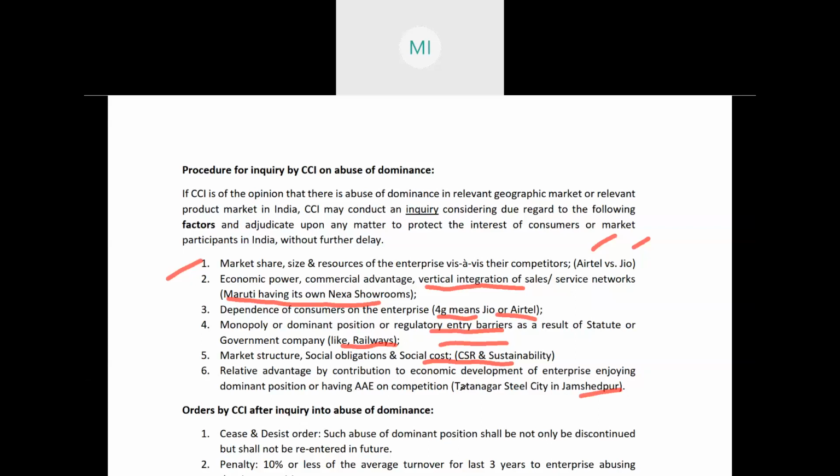So they will consider all these factors and weigh them, and if it is beneficial, they will say it is not anti-competitive. If it is not beneficial, they will say it is anti-competitive, and in the same way as we discussed earlier, they can pass the following orders: cease and desist order, penalty.